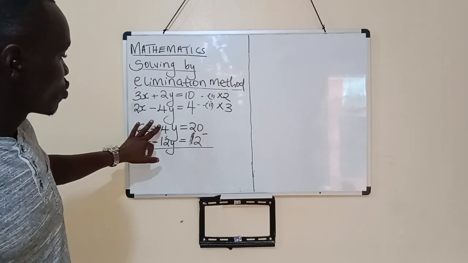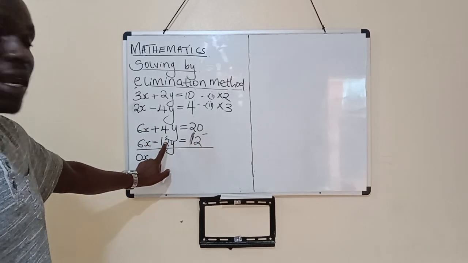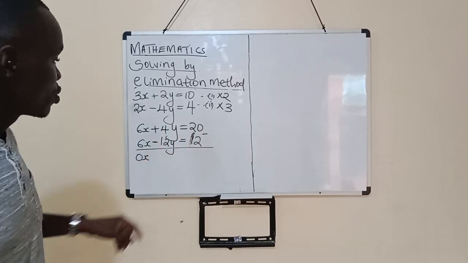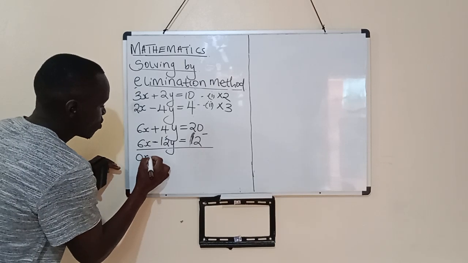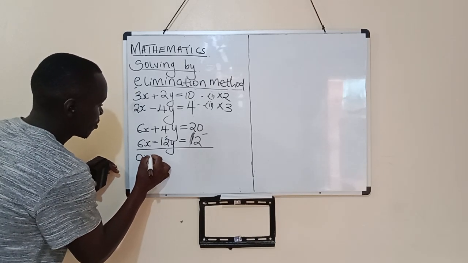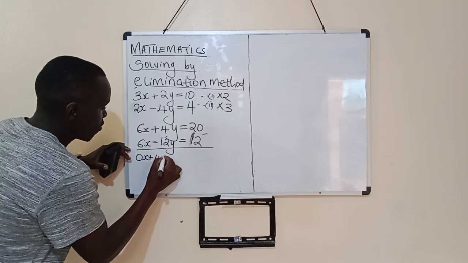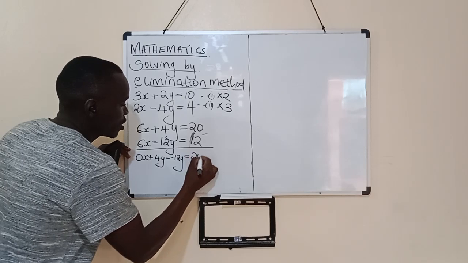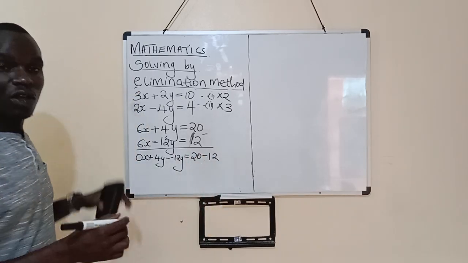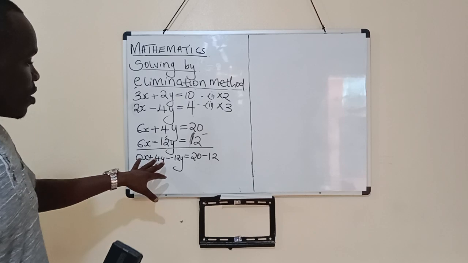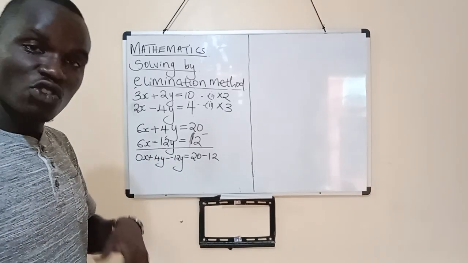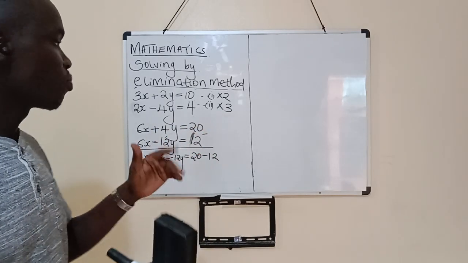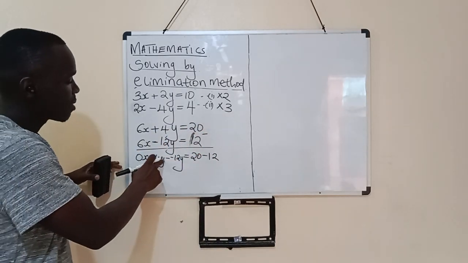Then we have 4y minus 12y equals 20 minus 12. So the equation translates to something like this. Minus multiplied by minus changes to plus.